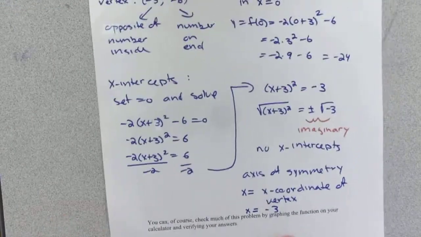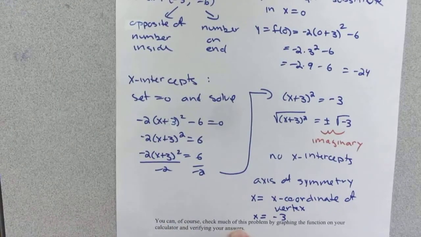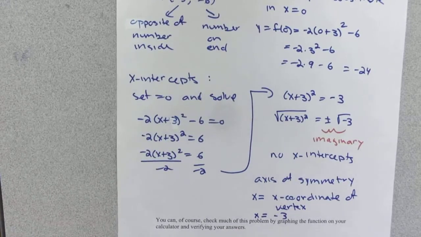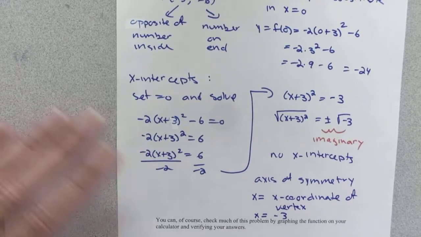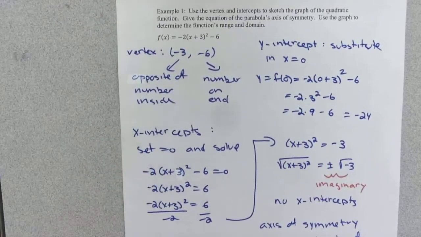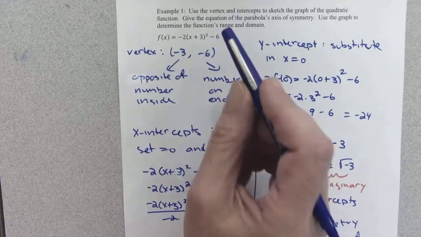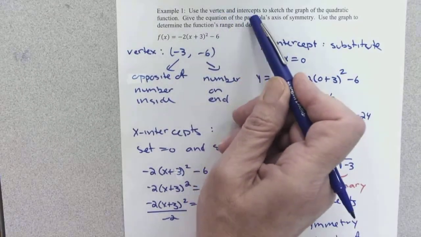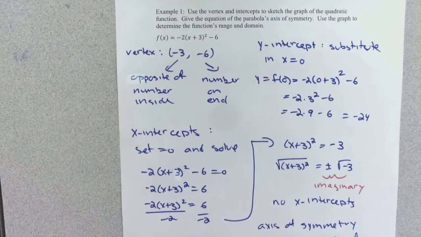Now we haven't finished the problem yet, I've run out of room. And we will check it here, but now going on to a blank piece of paper and actually graphing it. So up here we'll read the instructions again. It says use the vertex and intercepts to sketch the graph of the quadratic function, give the parabola's axis of symmetry, use the graph to determine the function's domain and range. The reason why I read it again, use the vertex and x-intercepts to sketch.